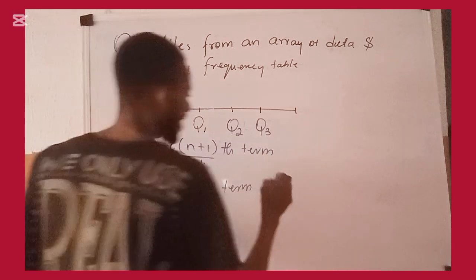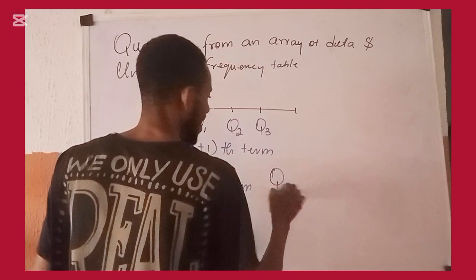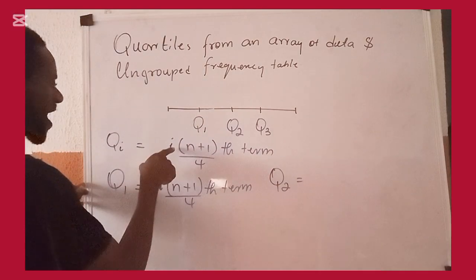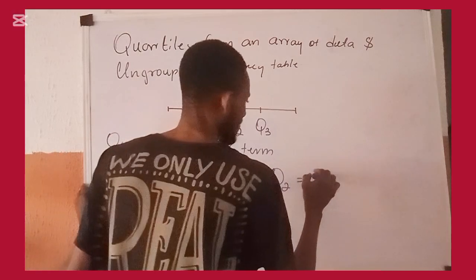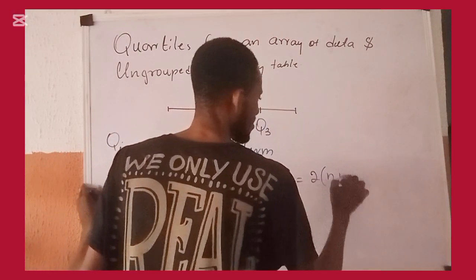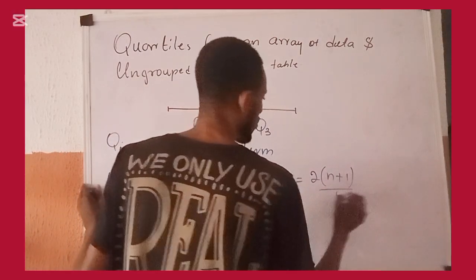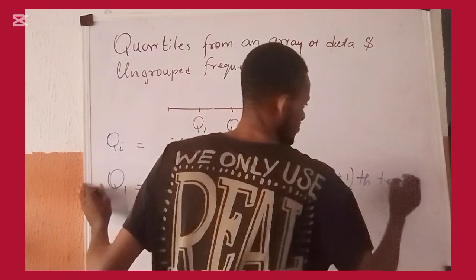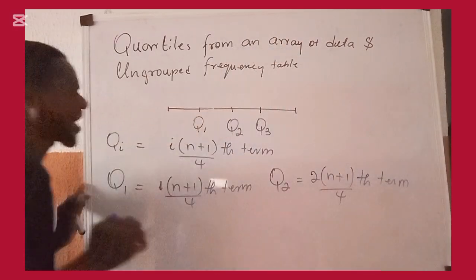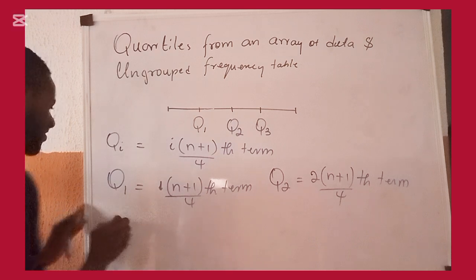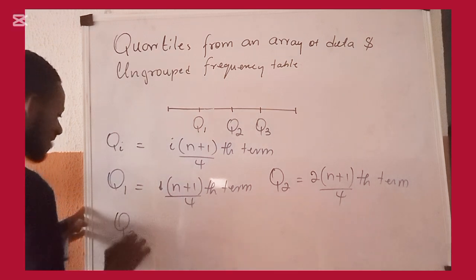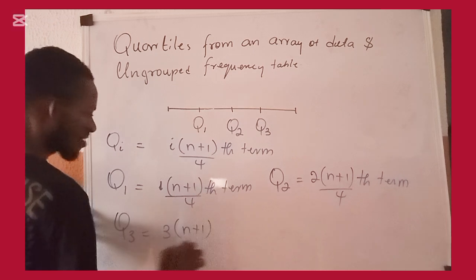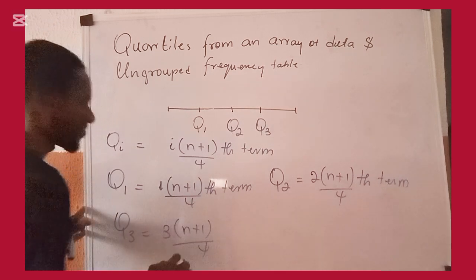And then when we talk about Q2, my i will now become 2. So I have 2 into n plus 1 all over 4. And when we are talking about Q3, we now have that Q3 is going to be 3 into n plus 1 all over 4.